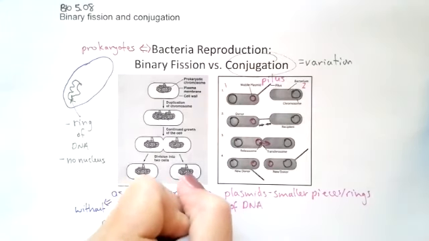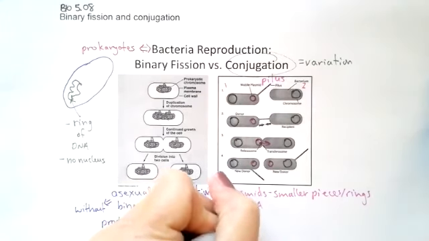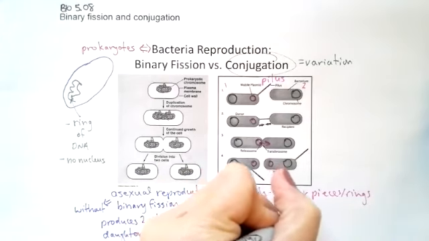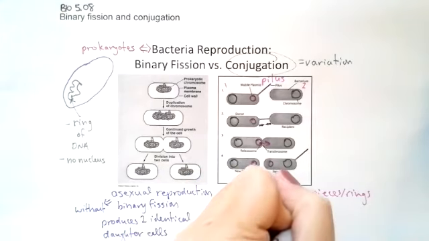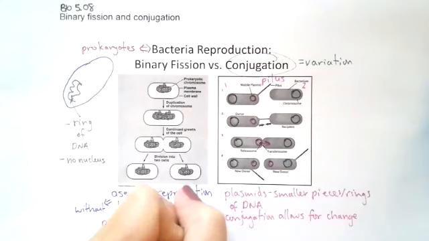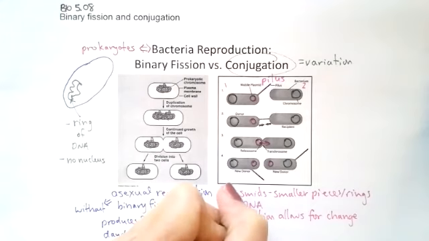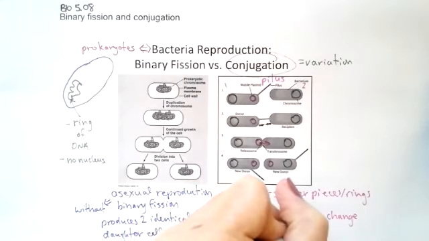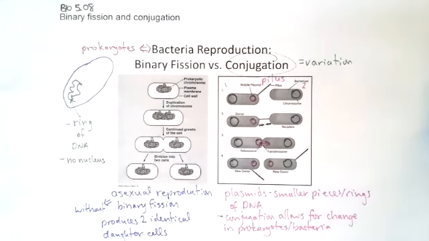So conjugation allows for change in prokaryotes, which we could also say bacteria. So even bacteria need change, just like we do.